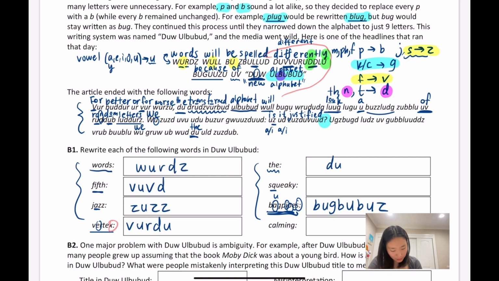I suppose now we can continue seeing if we can find anything that might be an X sound, or it might be a Q sound. So there's a question mark here.